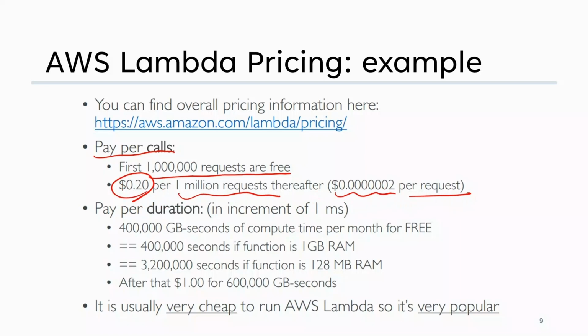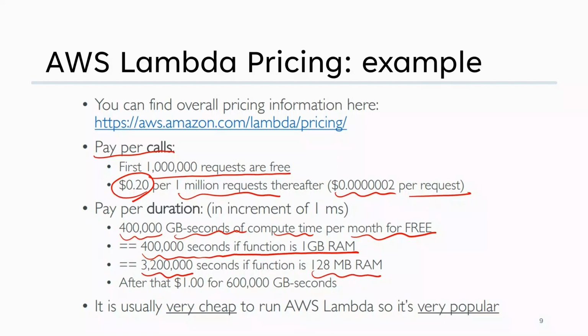So you can just understand that the cost is very, very less. And then pay for duration, 400,000 GB-seconds of compute time per month for free, which is equivalent to 400,000 seconds if function is 1 GB RAM, and this much seconds, which is I think 3.2 million seconds if function is 128 MB RAM. So based on your RAM, your compute time may vary.